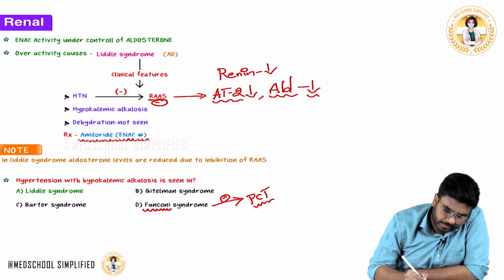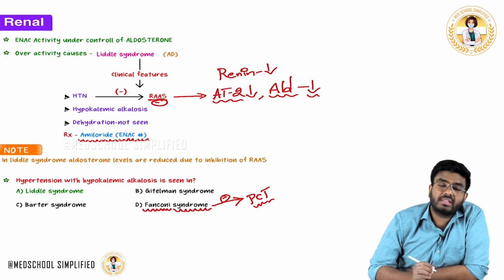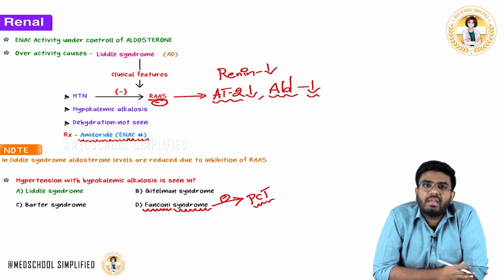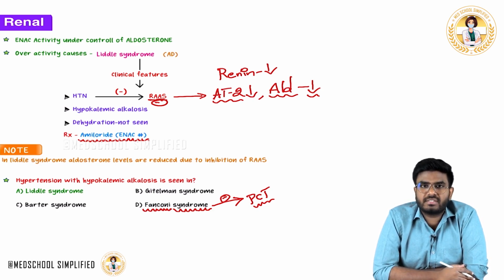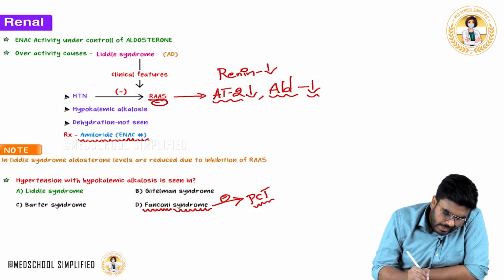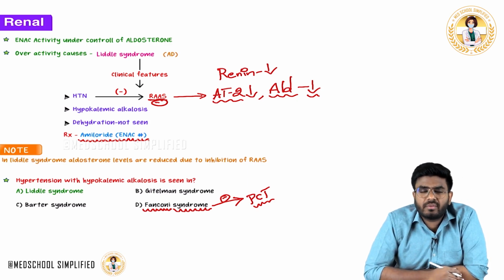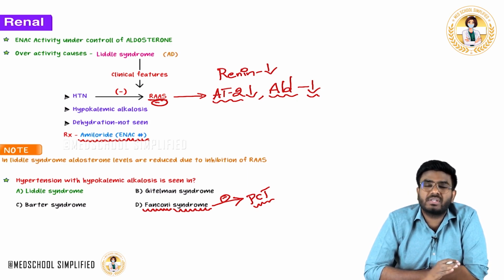Fanconi syndrome means a generalized PCT defect, where reabsorption of substances is not happening and everything is going out in the urine. The PCT is the most important site for water reabsorption; 70% of the water is reabsorbed there. If there is a PCT defect, water reabsorption is not happening, so water goes out of the body: diuresis.